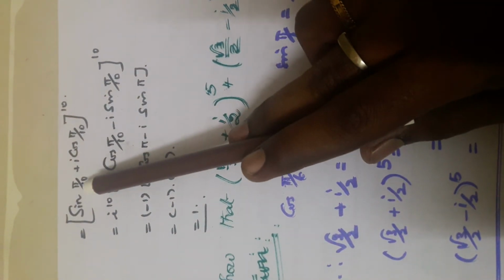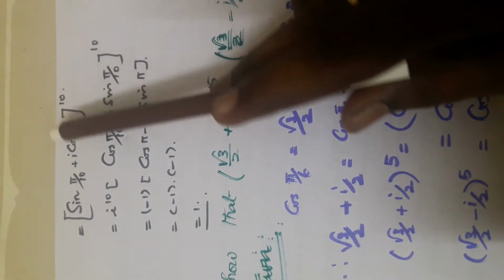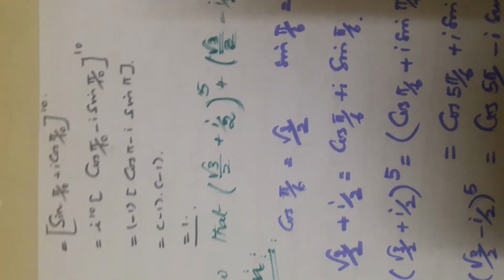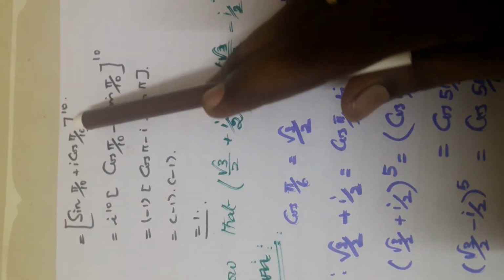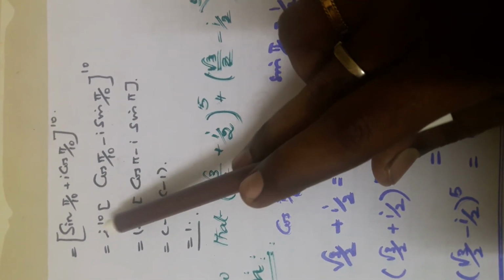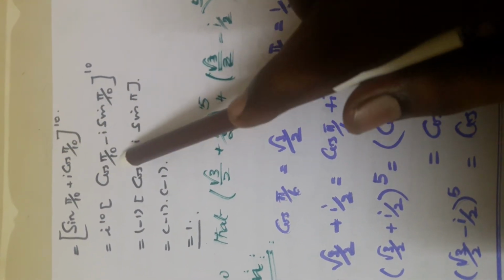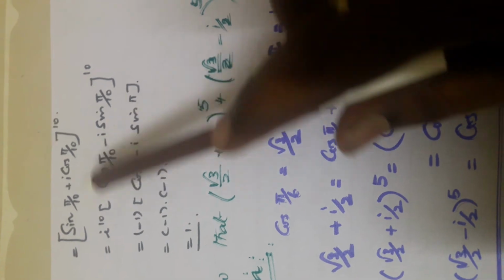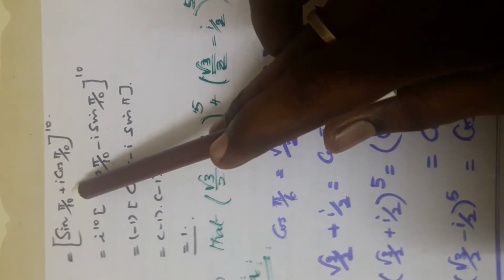And now z is (sin π/10 plus i cos π/10) power 10. So that we cannot apply De Moivre's theorem. De Moivre's theorem is applicable only for cos and sin. So sin cos we cannot apply. So I am taking i as a common factor, i power 10. So i power 10 (cos π/10 minus i sin π/10), since i into minus i becomes minus i squared, so you will get plus sin π/10.